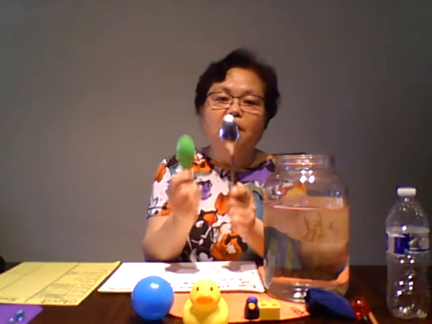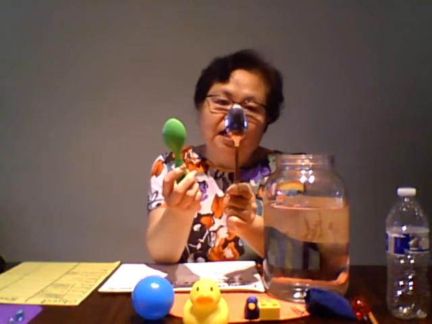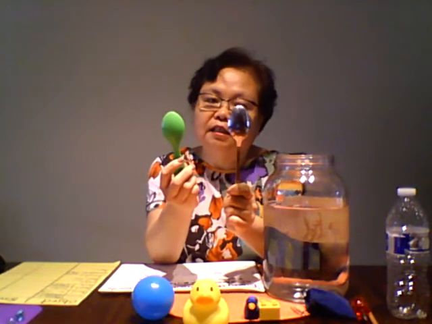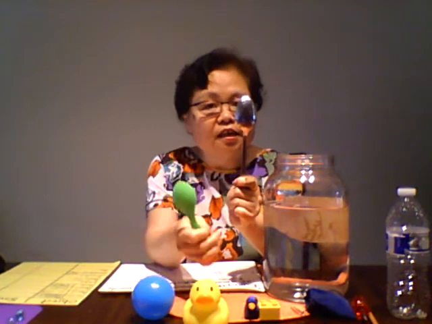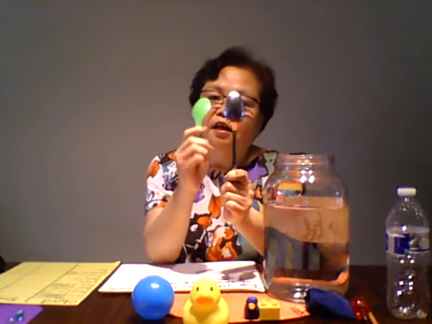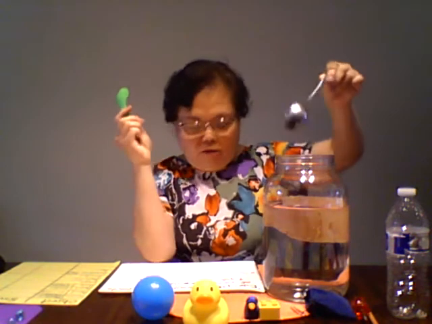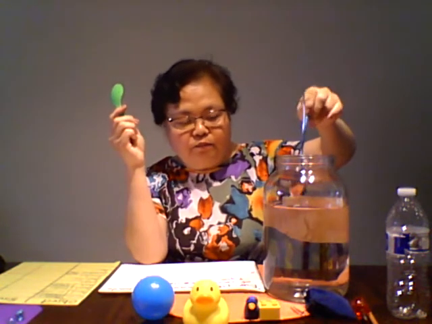Here are two spoons made out of metal and plastic. I don't know which one has the higher density. High density sinks, and loose density floats. I'm going to put it in there.